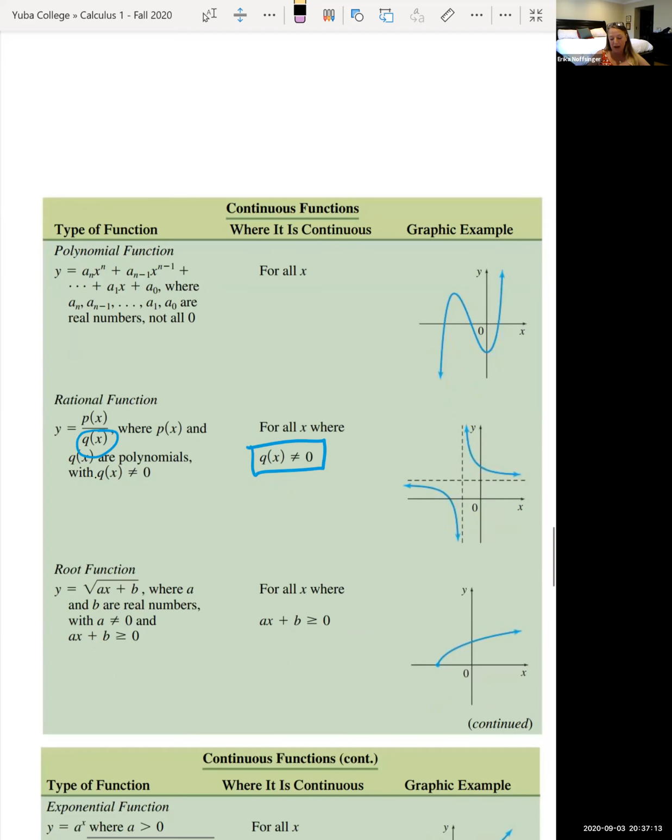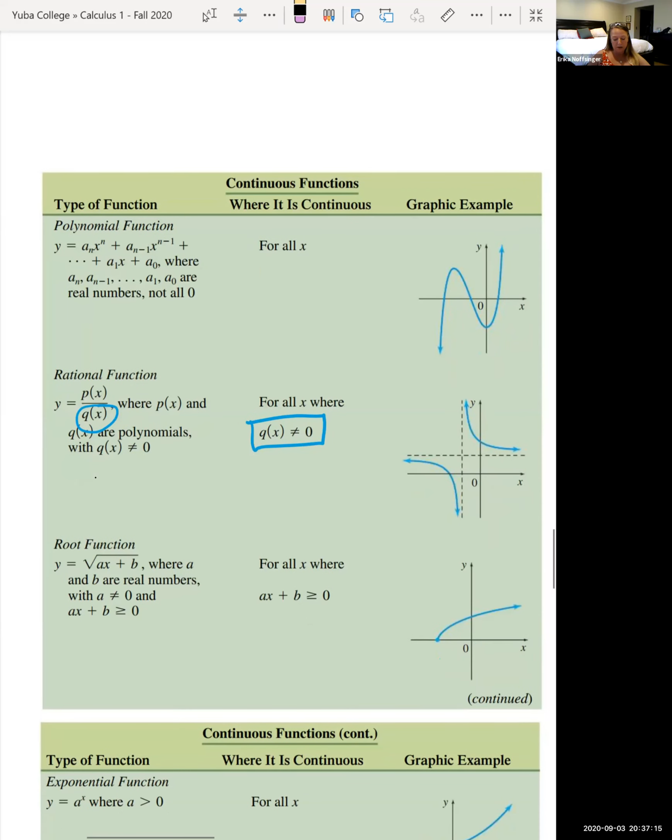So looking at radical functions, root functions, y equals the square root of ax plus b underneath that radical. We have to be careful because this could be the nth root where n is even, and then what's underneath the radical, ax plus b, has to be greater than 0.